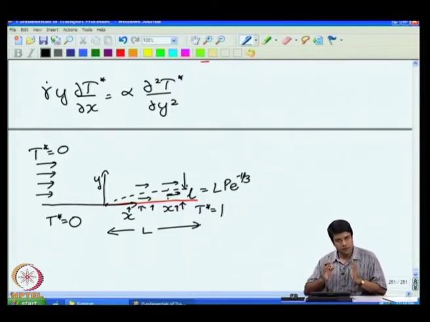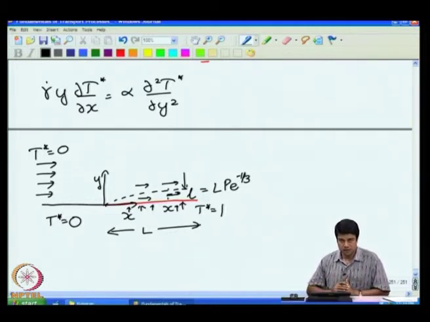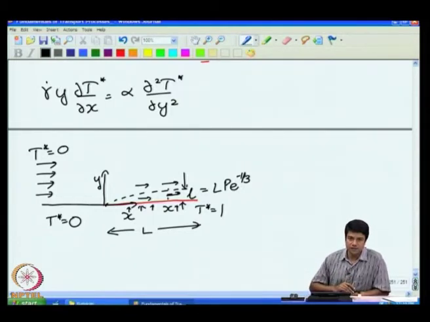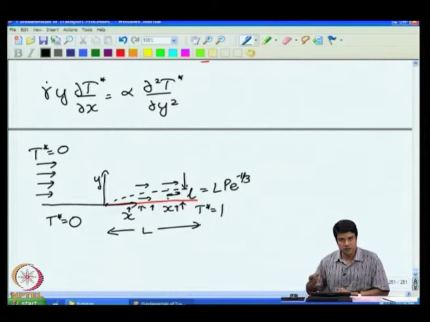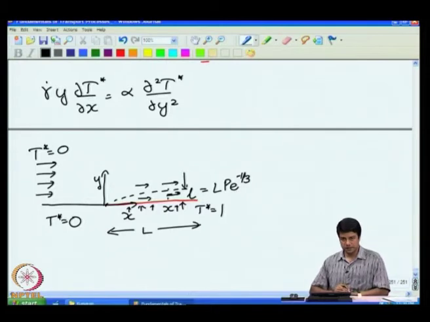That means that the only length scale on which this temperature at a given location x should depend is the distance x from the start of the heated section itself, not the total length of the heated section, because the remainder of the heated section is downstream of this position, and flow is carrying the heat downstream. So, there can be no diffusion in the streamwise direction, which would enable the temperature at this location x to feel the downstream locations.